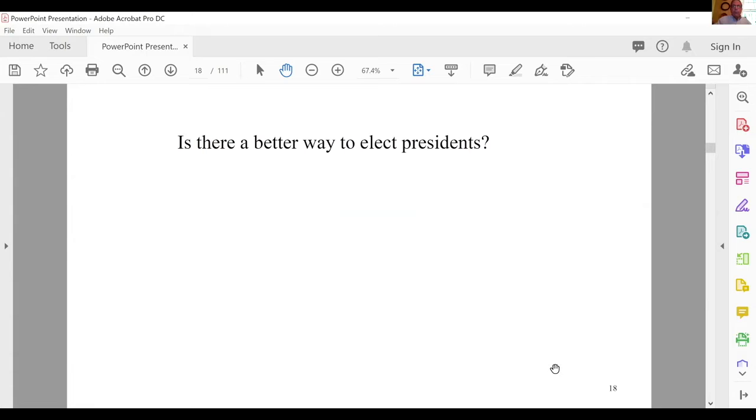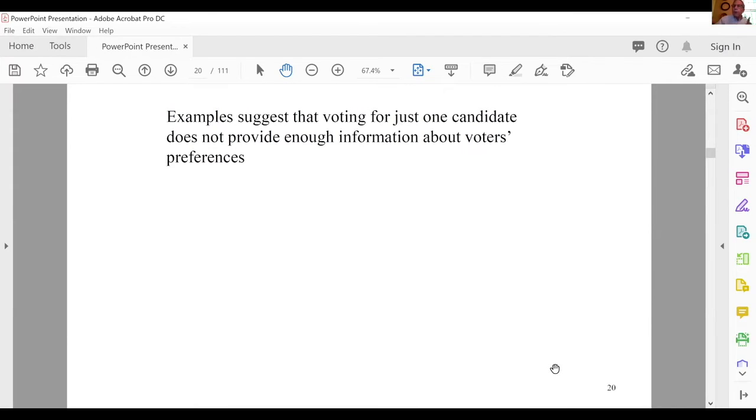And that brings up my main topic, which is, can we do better? Is there a better way of electing presidents? And I would suggest that the answer is yes. And the first way of getting at that answer is to note that our current system really does not provide enough information about voters' preferences because voters can just indicate their top choice.